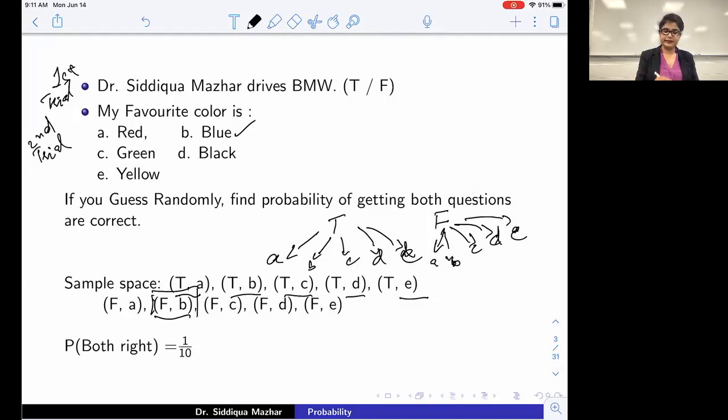This is how we use classical probability: the number of favorable outcomes divided by the total number of sample spaces. So this occurs one time in our sample space, divided by the total of 10. This is how you look for the probability of one event in multiple trials.